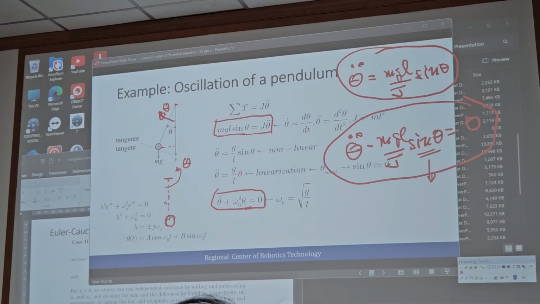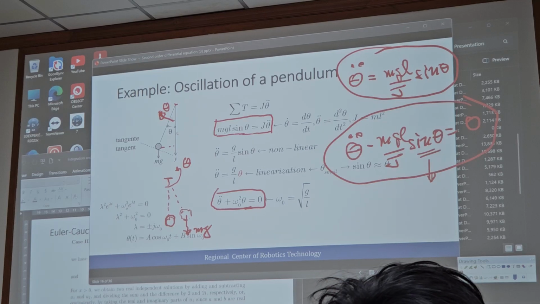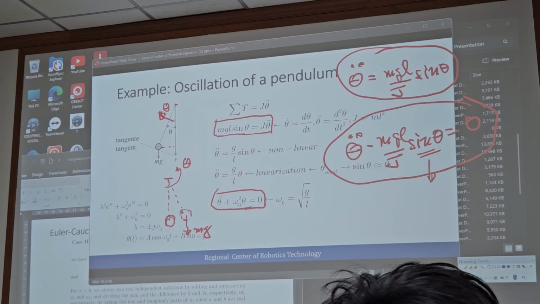If I move this one, it will be this one. So you have mg with this theta in this case, but in this other case theta is in the opposite direction.